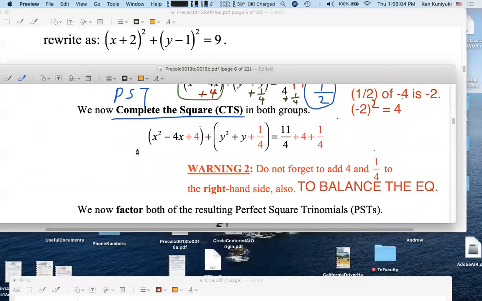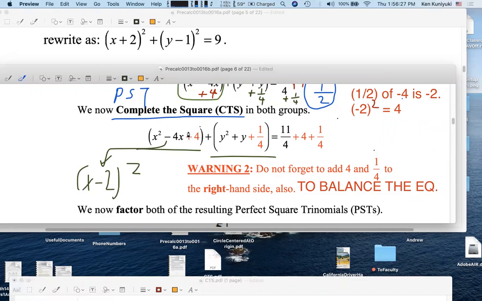Okay, well, these are PSTs. How do you factor them as squares of binomials? x squared minus 4x plus 4. That's the square of x. Then you grab the middle sign here. That's a minus sign. What's the square root of 4? 2.